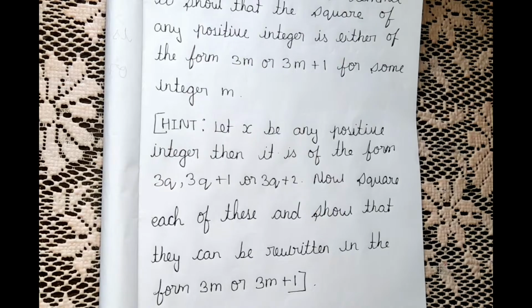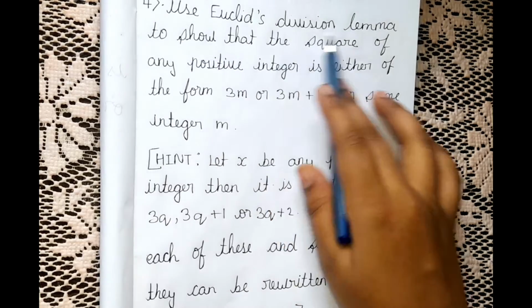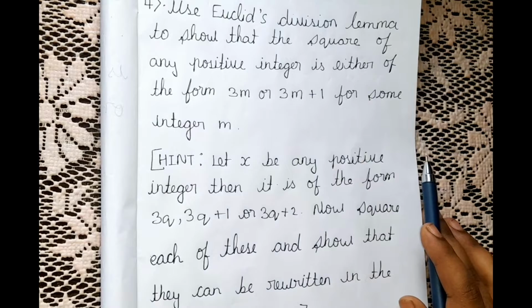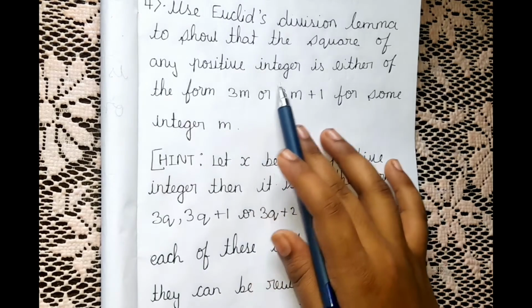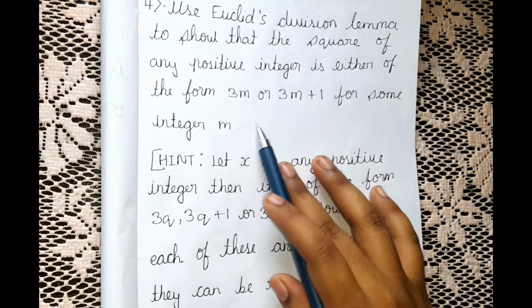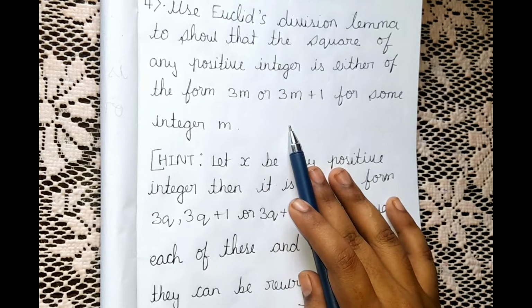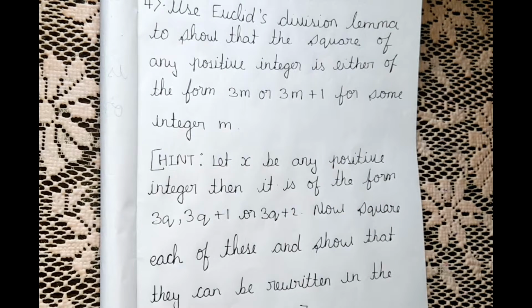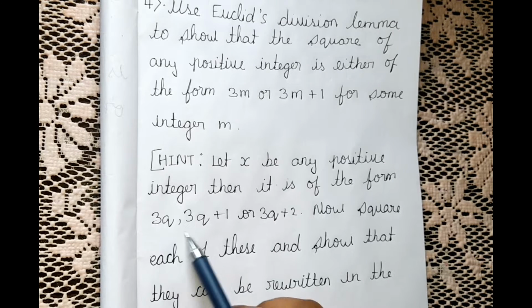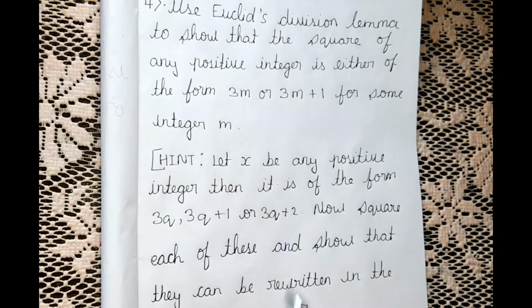So in this question we have to use Euclid's division lemma, and after that we have to take any positive integer, but it has to be in the form 3m or 3m plus 1. By using this hint, this question is going to be really easy. First of all, we take a form that is 3q, 3q plus 1 or 3q plus 2.